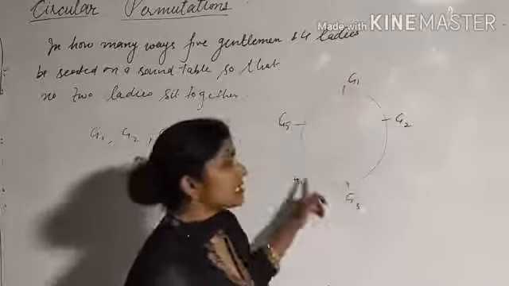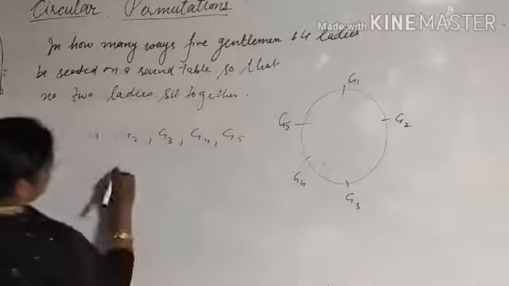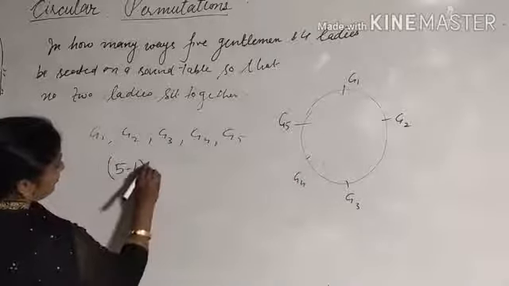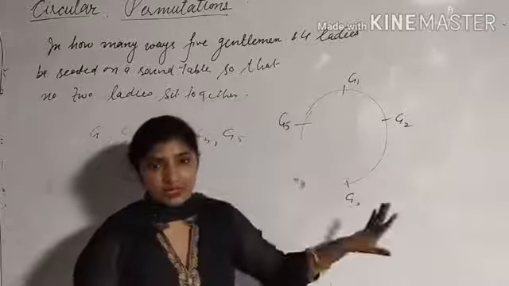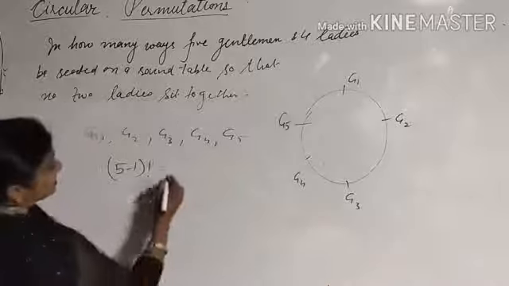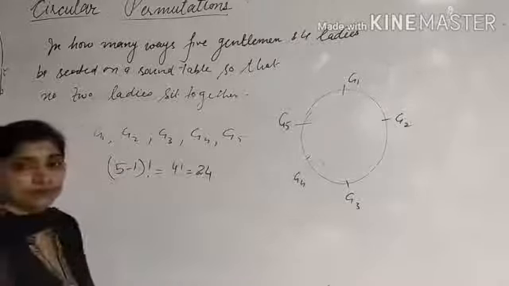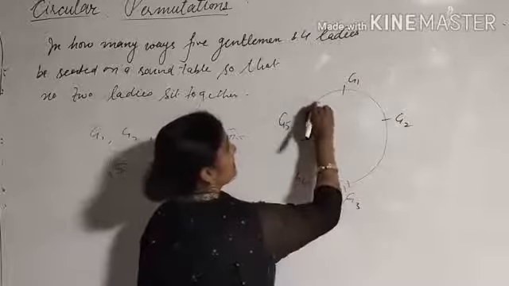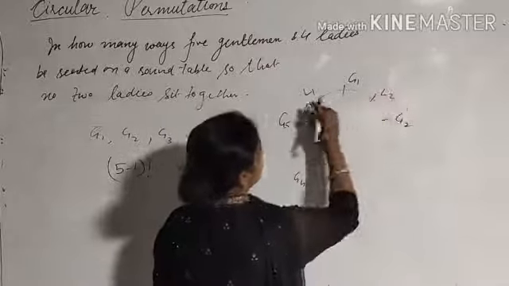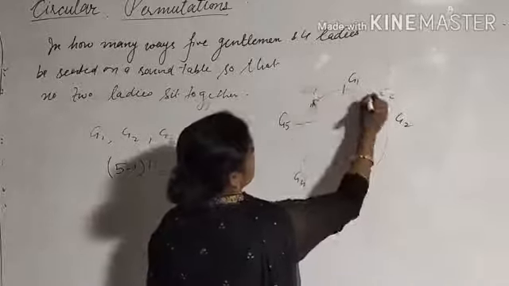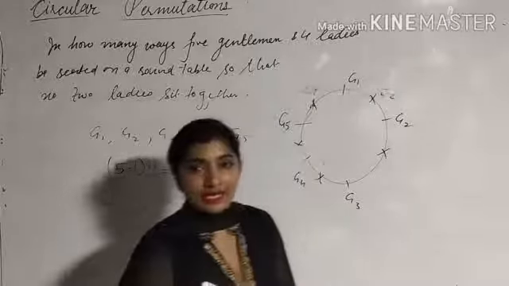So the number of possible ways of arranging the gentlemen on a round table is 5 minus 1 factorial. This is one event when you have arranged the gentlemen on the round table, and the number of circular arrangements is 4 factorial. That's again 24. Now ladies, there are only 4 ladies, L1, L2. These are 5 places for the ladies, 1, 2, 3, 4, 5, and we have only 4 ladies.